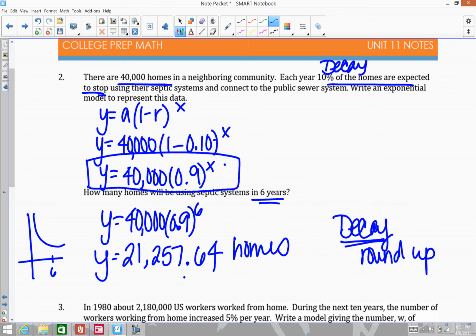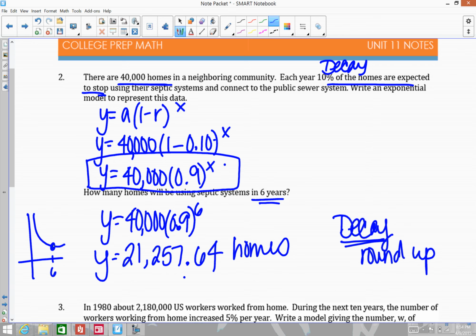So no matter what. In this particular one, this 0.6 definitely makes the 7 go up. But that's not really why I'm rounding up. It's because it's a decay model, which tells me that I can't quite say, because if you're looking at, let's say, this point, this is the 21,257.64. I can't round down and say that I'm at the lower number yet because you're gradually getting to 6, coming from higher numbers down to smaller numbers.